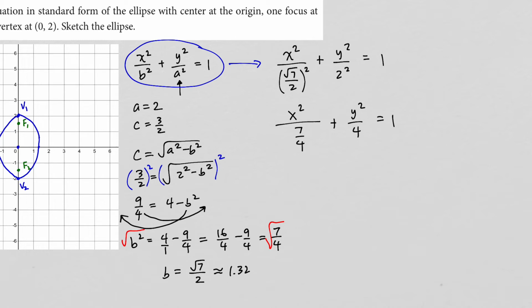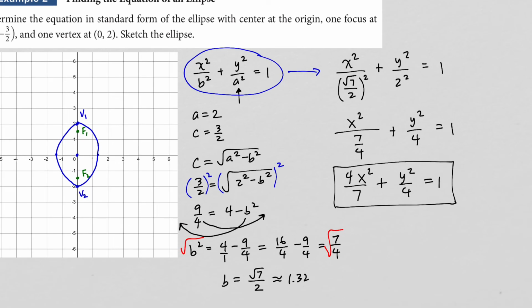And then finally, instead of dividing by 7/4, you can multiply x squared by 4/7. We're just multiplying by the reciprocal, and this makes it look a little bit cleaner. So here is the equation in standard form for that particular ellipse.